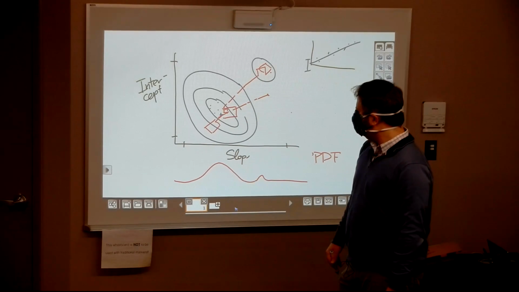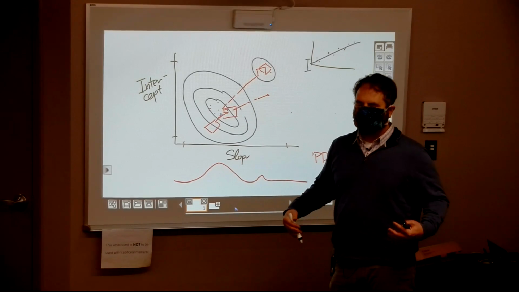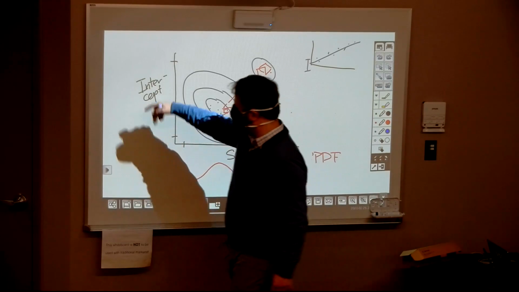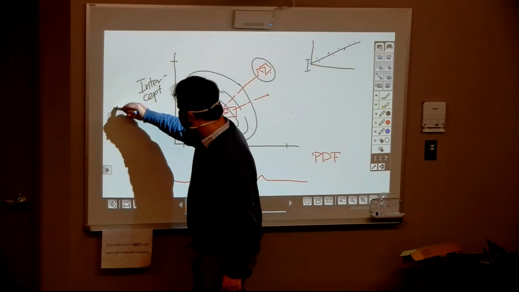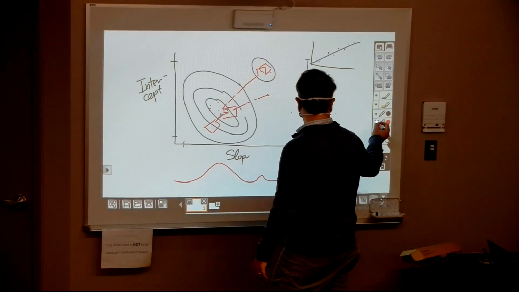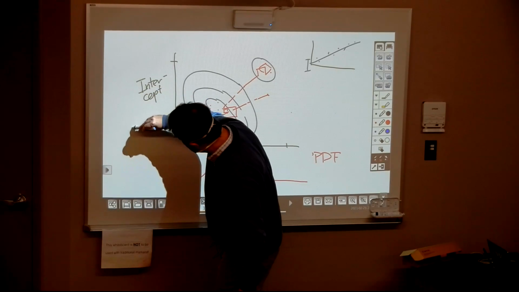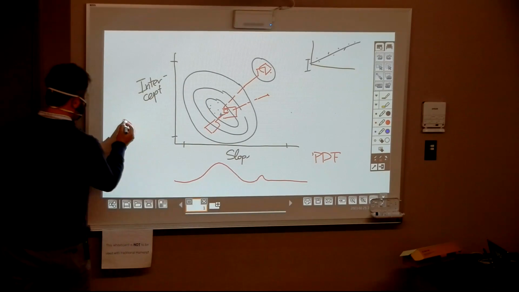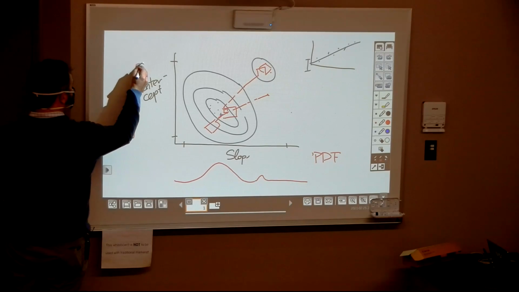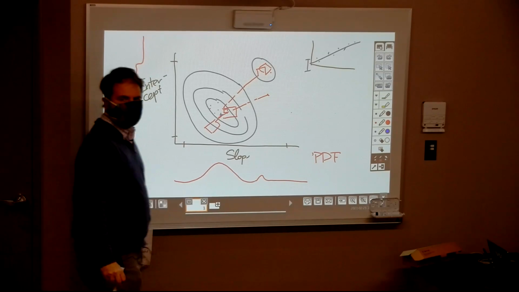And suddenly that makes sense, because you can do one for the intercept as well, and so you end up with something very similar looking.